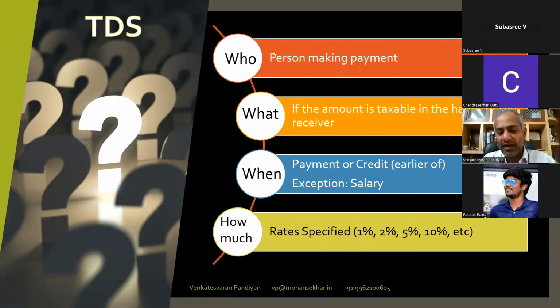In case no PAN is available, it becomes 20%, or the rate applicable, whichever is higher. However, in the case of salary, we saw that there are no rates specified. It has to be computed, and an average of that tax taken on a monthly basis has to be deducted. So this is the overall modus operandi of TDS.